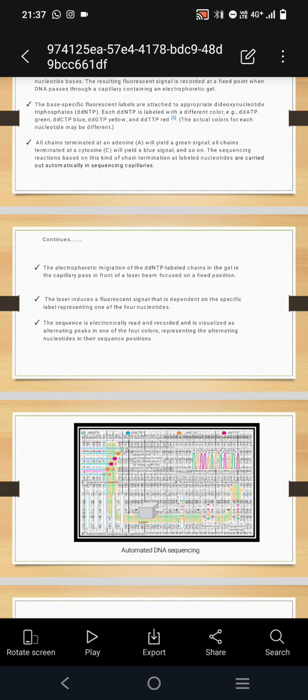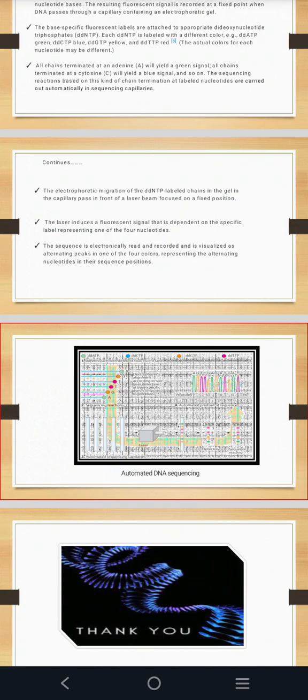According to the colors, the nucleotide is identified. All chains terminated at adenine will yield green signals, and all chains terminated at cytosine will yield blue signals, and so on.